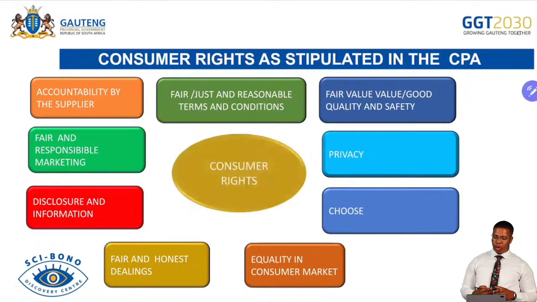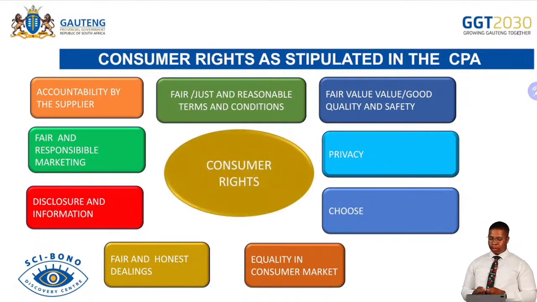Then we looked into the consumer rights as stipulated by the Consumer Protection Act, whereby we look to the right to privacy, which was there in the scenario, the right to choose, and also the right to equality in the consumer market, the right to fair and honest dealings, the right to disclosure and information, the right to fair and responsible marketing, and the right to accountability by the supplier, together with the right to fair and reasonable terms and conditions, together with the right to fair value and good quality, together with safety. So those were your consumer rights according to the Consumer Protection Act.